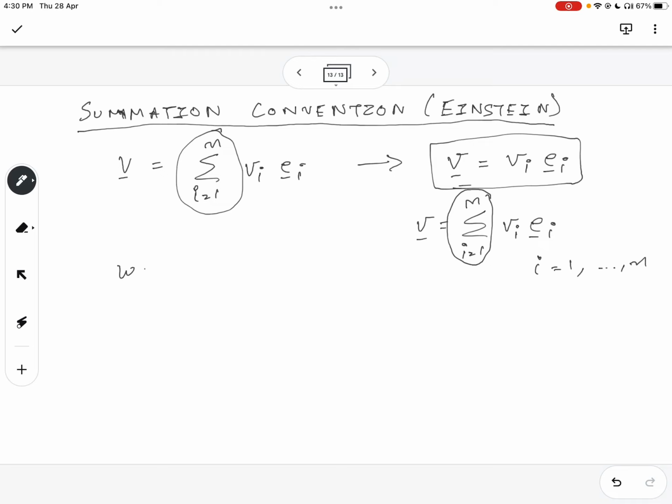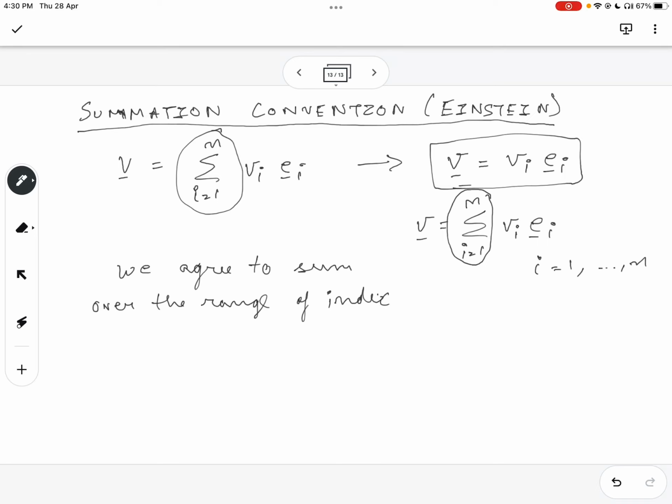That is, we agree to sum over the range of the index which is prescribed.